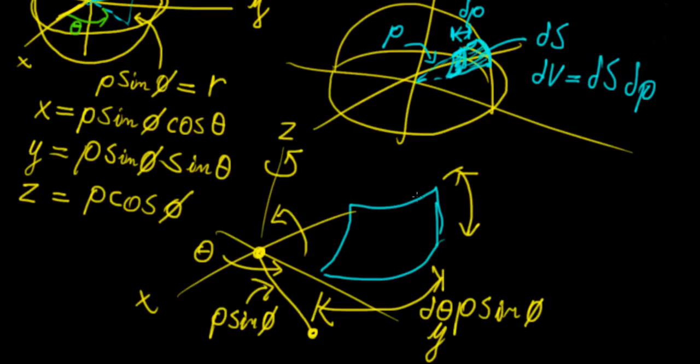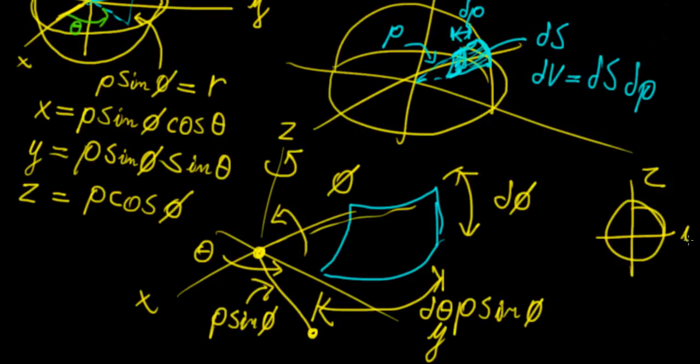So the first thing we need to notice is that this rotation here is happening with respect to the angle phi, so this is going to be an infinitesimal change in angle phi. And now the distance with respect to that is just going to be the radius of the sphere, because if we draw a little two-dimensional projection here, the distance is going to be rho. So this is just going to be times rho.